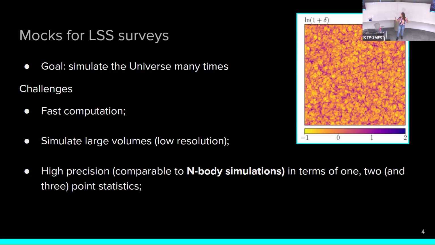We also need many realizations of the universe to characterize the statistical processes that generated our observed universe. Then we get the observations, and using our models we can infer the initial conditions and constrain cosmology. The message here is that we need fast simulations of very large volumes, and we need many of them. So doing things like N-body simulations is unfeasible.